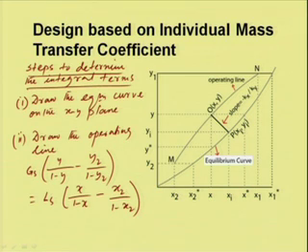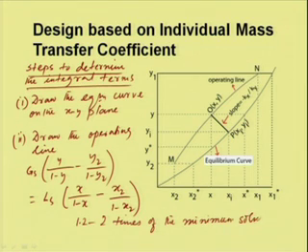With this we can plot the operating line, and if the liquid flow rate is not given, then we can calculate the minimum liquid flow rate, and we can take a value of 1.2 to 2 times the minimum liquid rate, and we can draw the operating line.